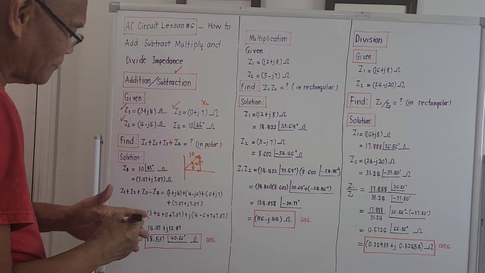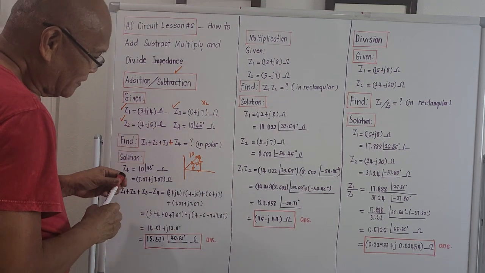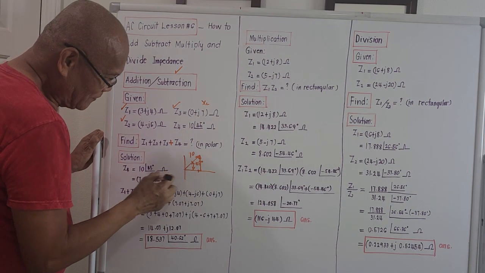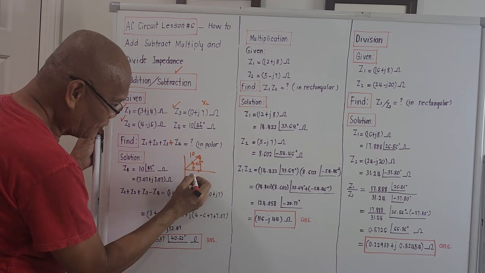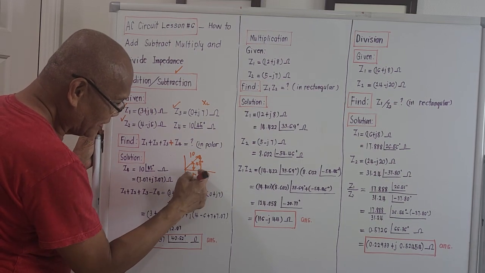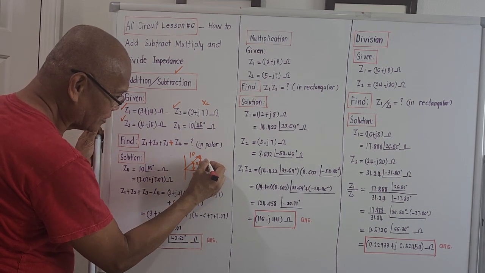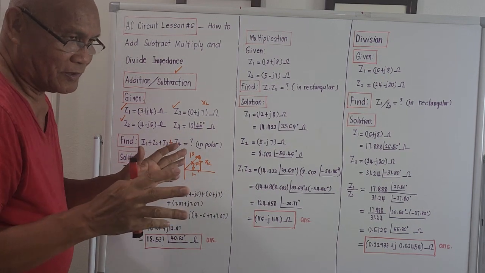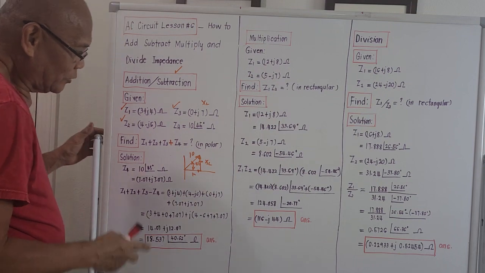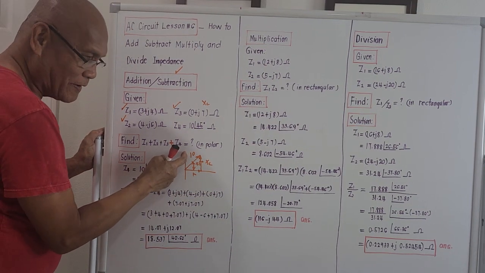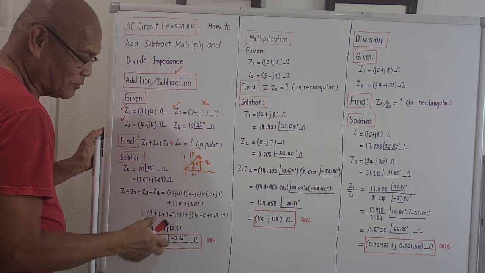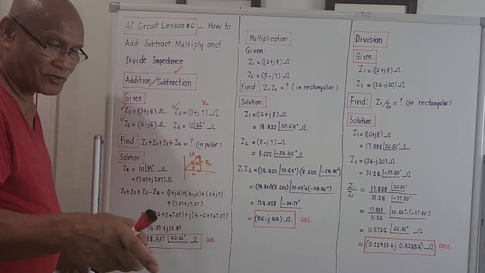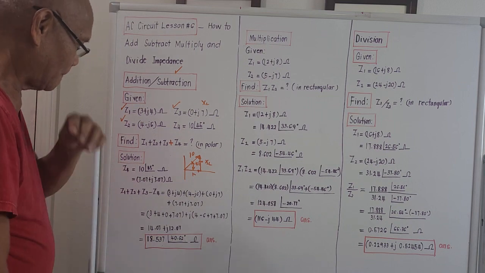So actually, we are given a right triangle in which the hypotenuse is 10, and this horizontal component is R, and this vertical component is XL. It seems we are given a triangle in which the hypotenuse and the angle are given, so to bring out the horizontal and vertical components, we use the sine and cosine functions.